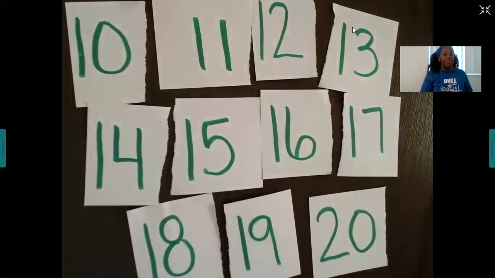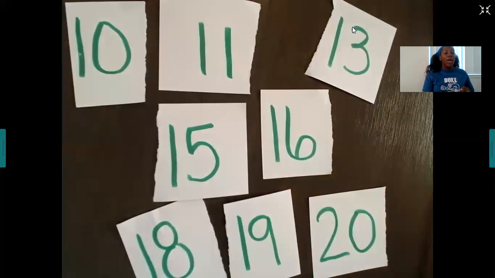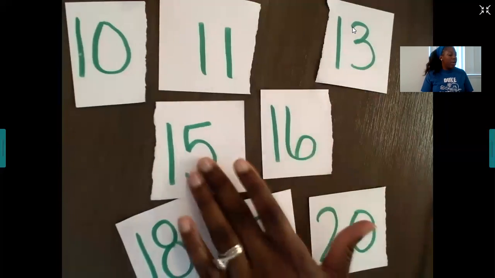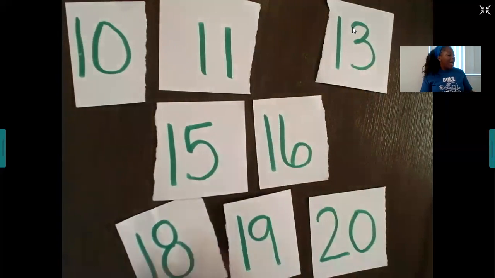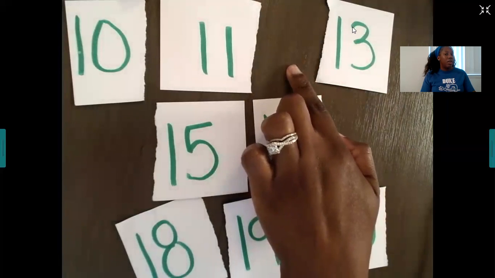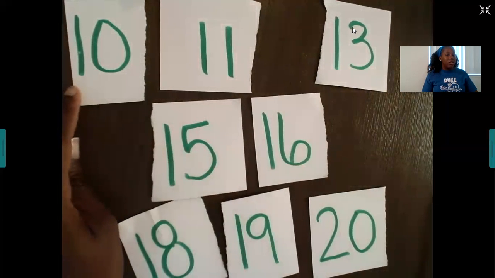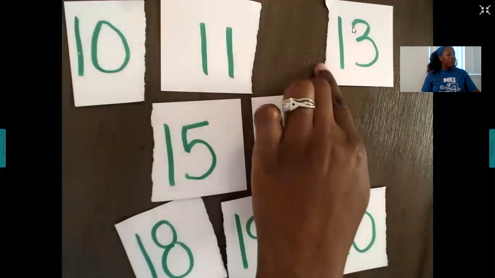Found it. Let's try one more. What numbers did I take? What is missing? I have 10, 11. Uh-oh, not there. 13, 15, 16, 18, 19, 20. I'm missing some numbers. What numbers am I missing? Well, let's start back here at the beginning at 10 and count up with 10, 11.